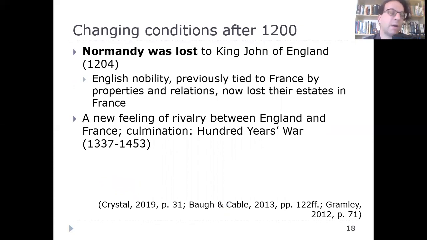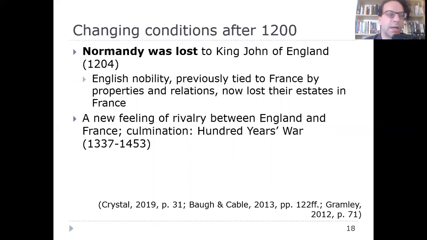Now, back to some external language history. The Norman Empire started to fade, so to speak. So Normandy was lost after the year 1200. Which means that the English nobility, which was previously tied to France by properties, by relations, so they had houses on both sides of the channel.